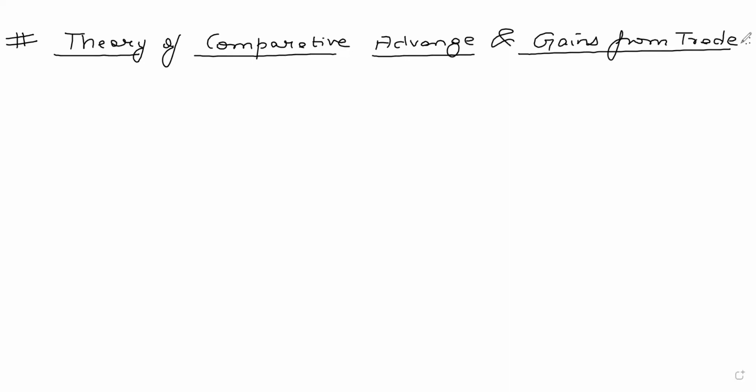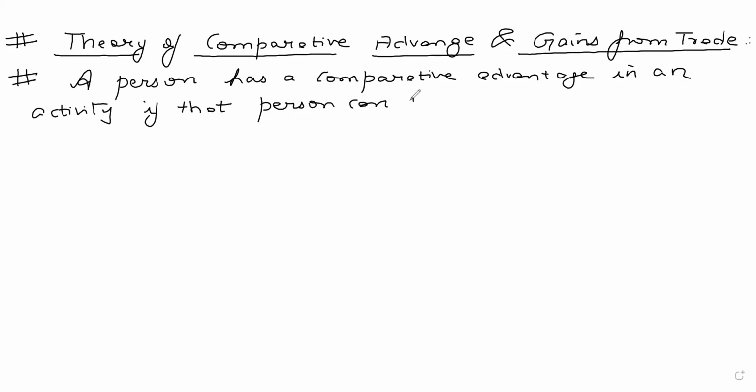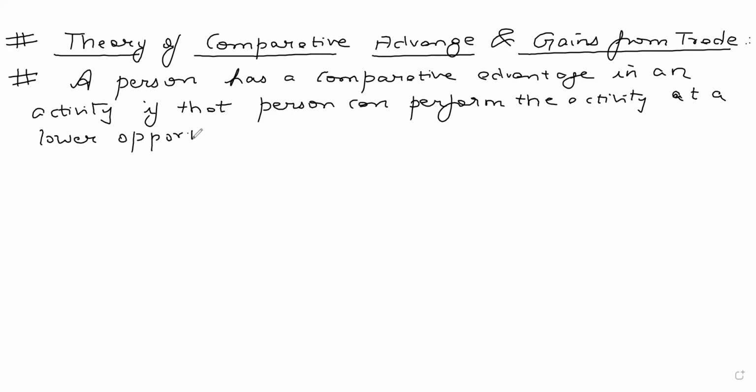Let's quickly write: a person has a comparative advantage in an activity if that person can perform the activity at a lower opportunity cost than anyone else.